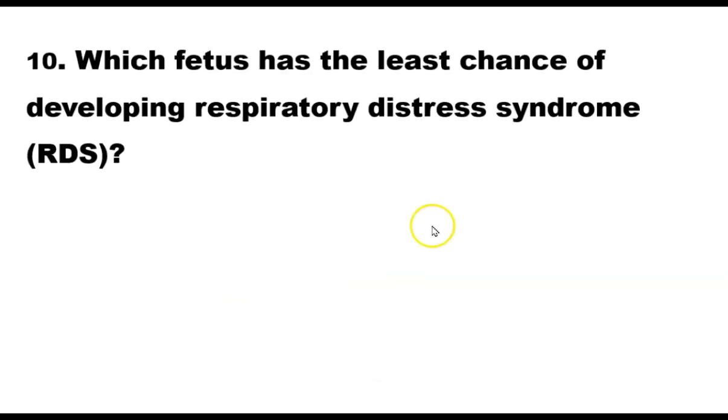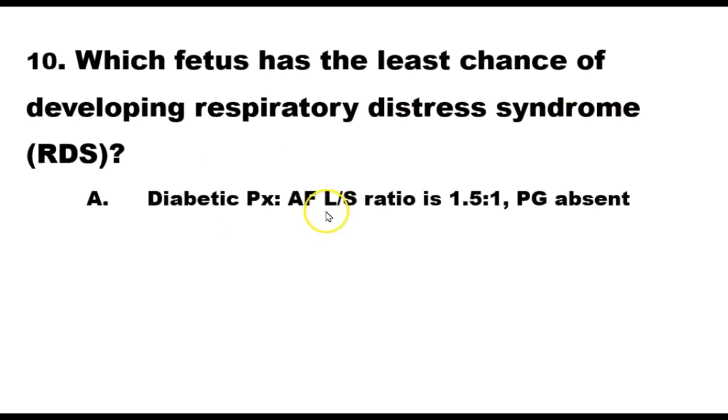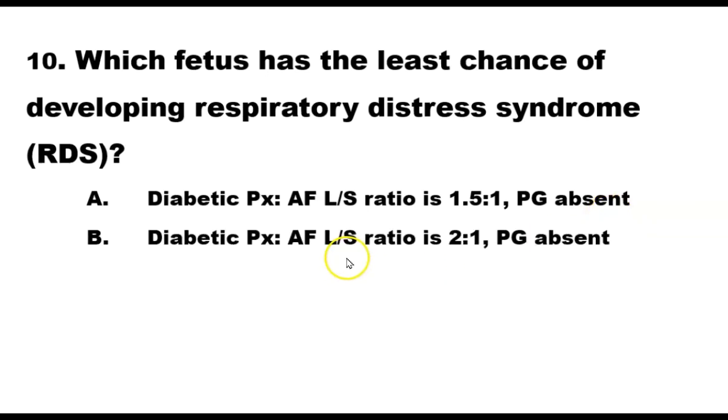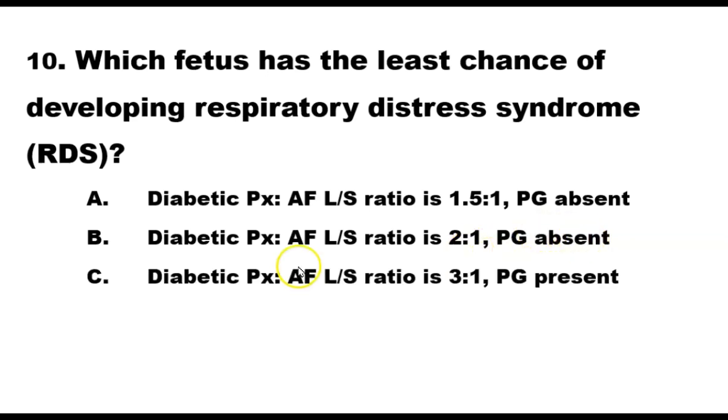Question number 10. Which fetus has the least chance of developing respiratory distress syndrome? A. Diabetic pregnancy, amniotic fluid lecithin sphingomyelin ratio is 1.5 to 1 and phosphatidylglycerol is absent. B. Diabetic pregnancy, lecithin sphingomyelin ratio is 2 to 1 and phosphatidylglycerol is absent.